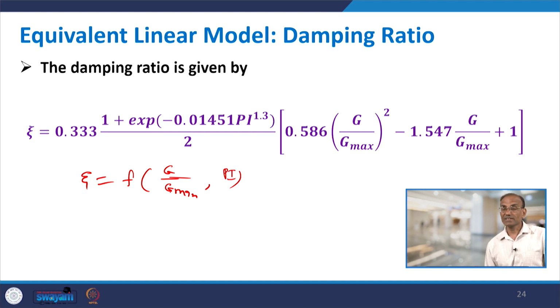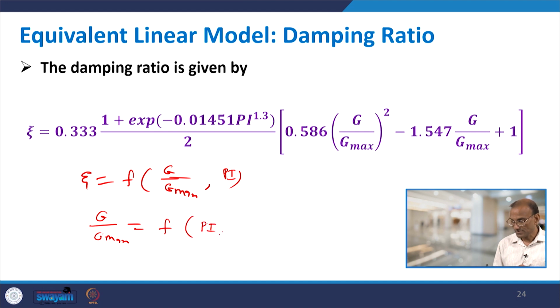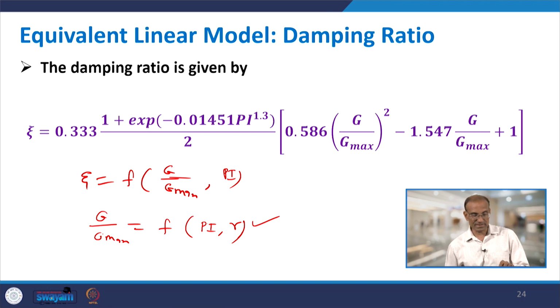However, G by G max needs to be known, and in the last equation G by G max was a function of PI and gamma. So, the influence of shear strain has gone into G by G max, and through that the damping ratio will be different at different levels of strain.